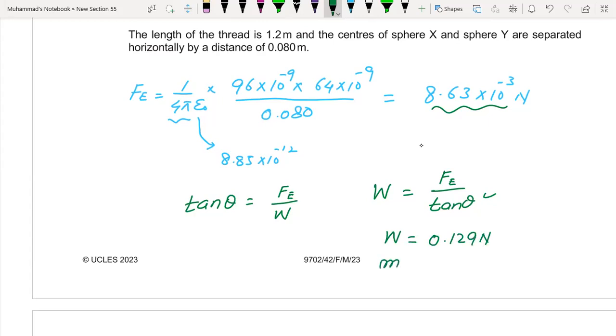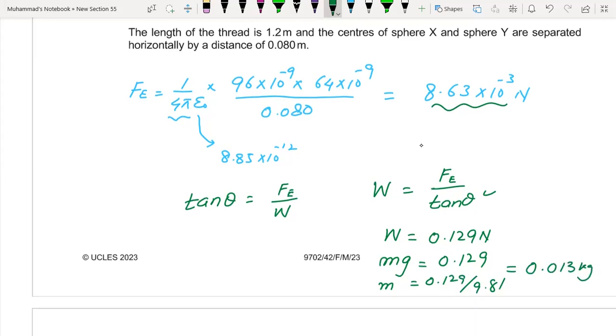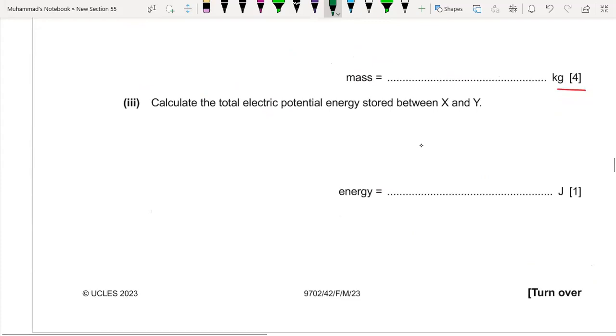You know that weight is m times g, that is 0.129, and g is 9.81. So mass is 0.129 divided by 9.81, and that is equal to 0.013 kg. I hope you understand that.